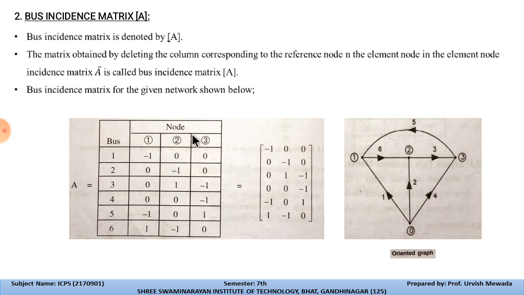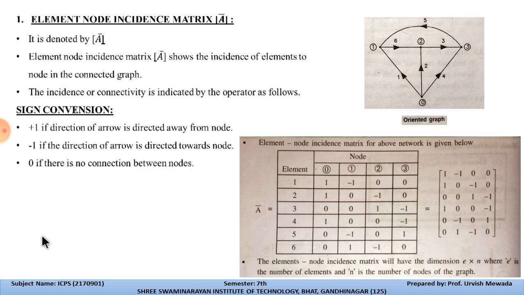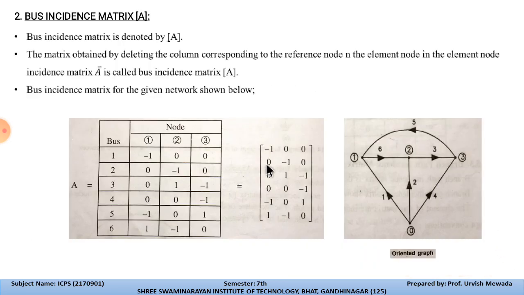The bus incidence matrix is obtained by deleting the column corresponding to the reference node. In the previous incidence matrix, the element node incidence matrix, we have taken the reference node. Now if we eliminate the reference node column, then we can form the bus incidence matrix A. The matrix obtained by deleting the column corresponding to the reference node in the element node incidence matrix A is called the bus incidence matrix.